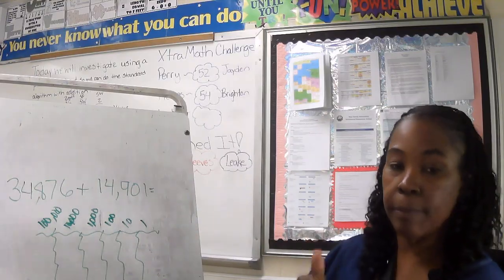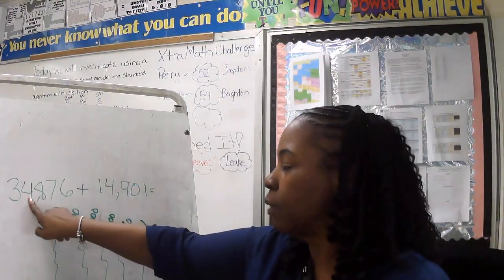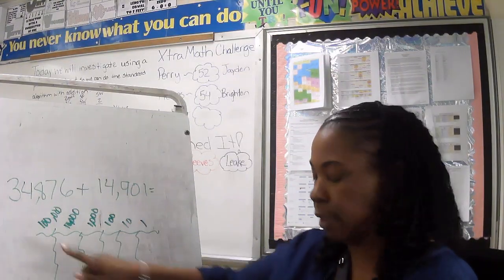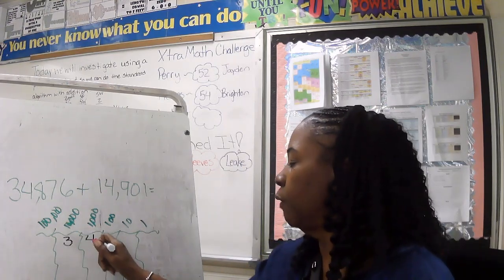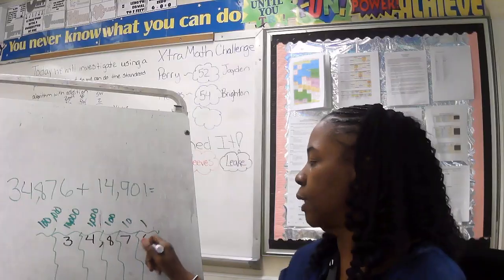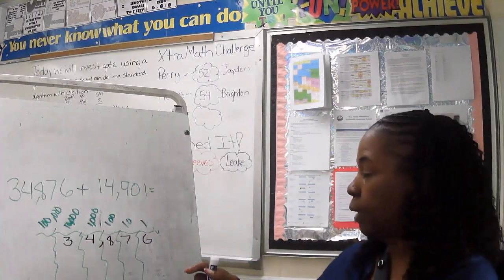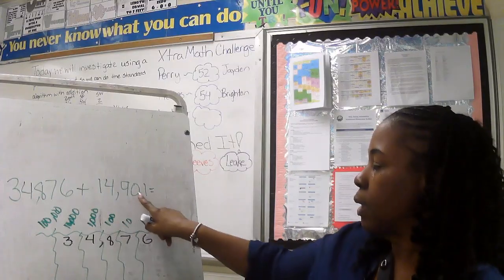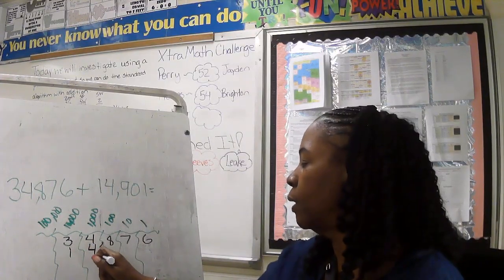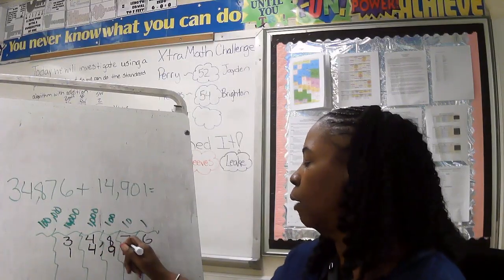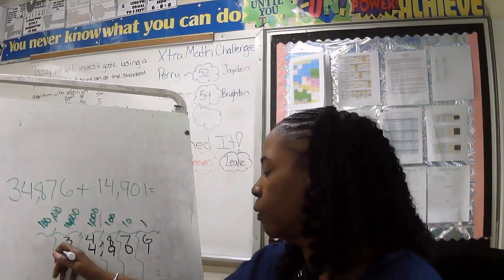Some may need to count to make sure you start in the right place value. Ones, tens, hundreds, thousands, 10,000. Okay, so I know I'm starting here in the 10,000 spot. 34,876. 1, 2, 3, 4, 5. I know that's also in the 10,000 spot. Let me prove it. Notice how it keeps it nice and neat. I'm writing purposely right up under the number, not just haphazard.